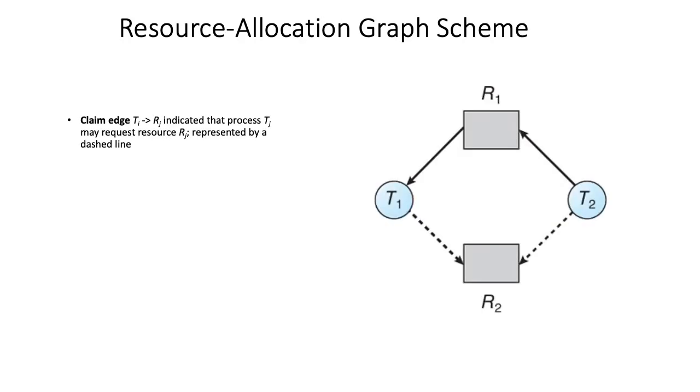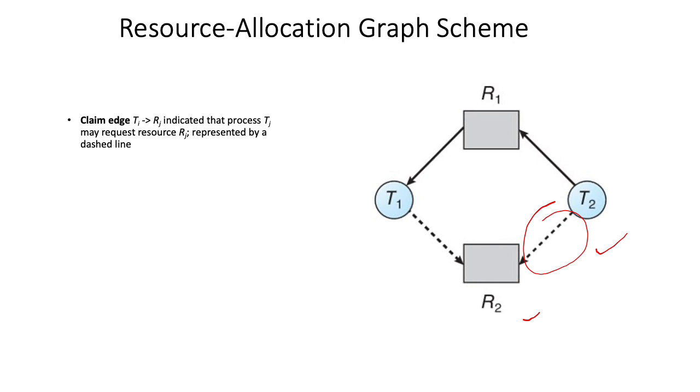In case we have just one instance, we use the resource allocation graph. Here we define a new type of edge called the claim edge. A claim edge from T2 to R2 means that the thread T2 may request the resource R2 in the future.